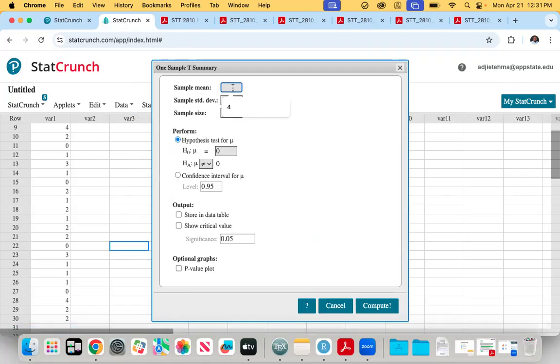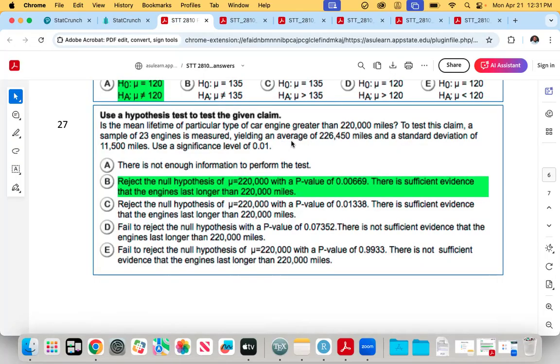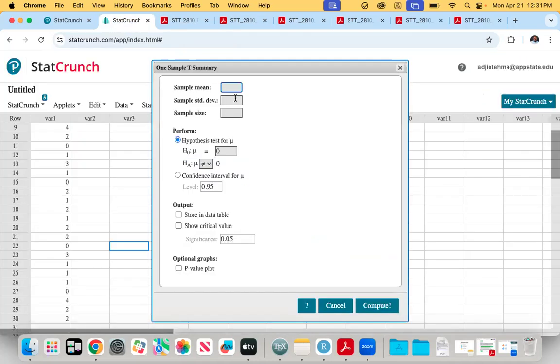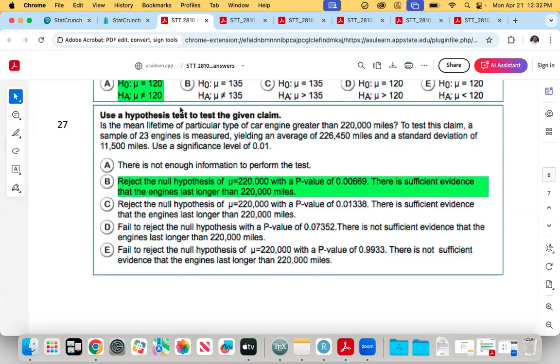The sample mean is, you are told here, yielding an average. So that is 226,450. You are given a sample standard deviation to be 11,500. The sample size is 23. This information is very clear.